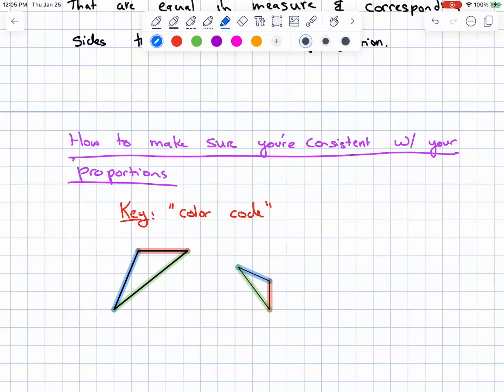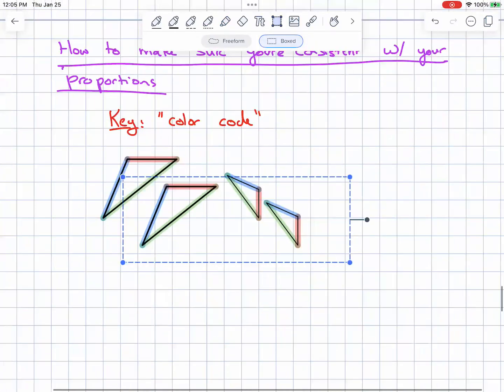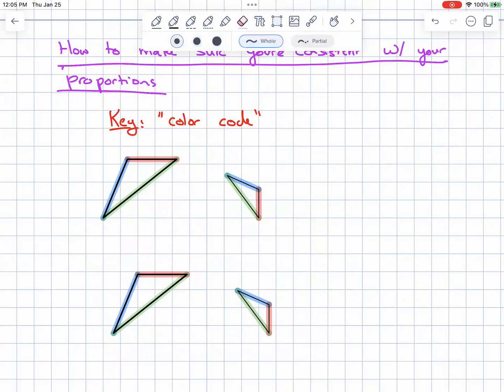And so you don't have to have color to do this. You could just as easily, I'll show you what I can do. If I'm willfully defiant and don't want to use color, that's okay. What you can do is just squiggle code it.